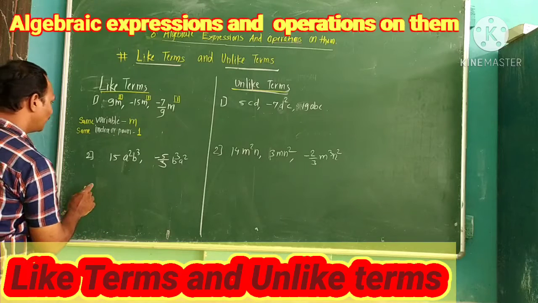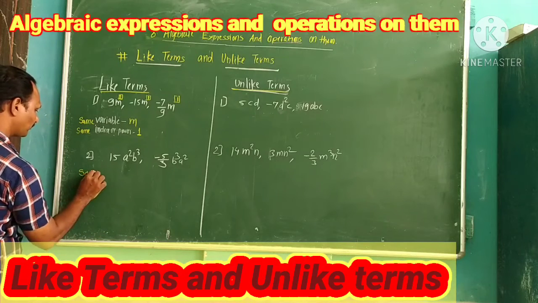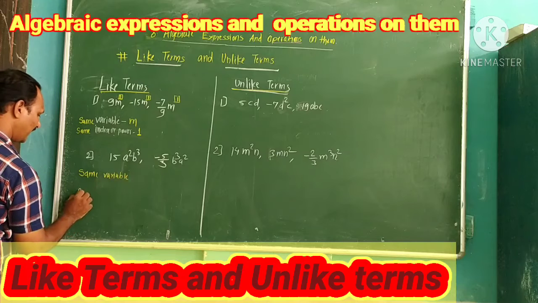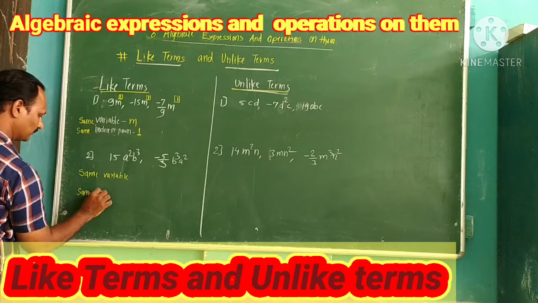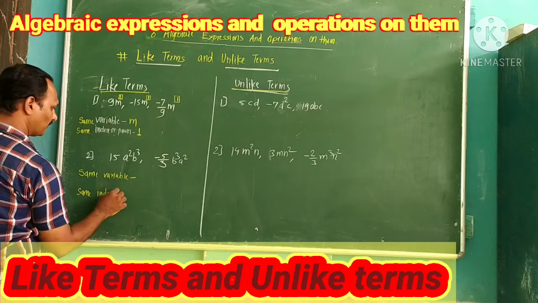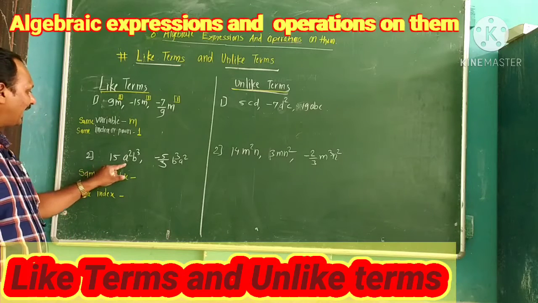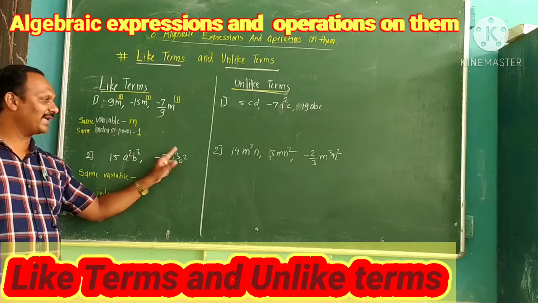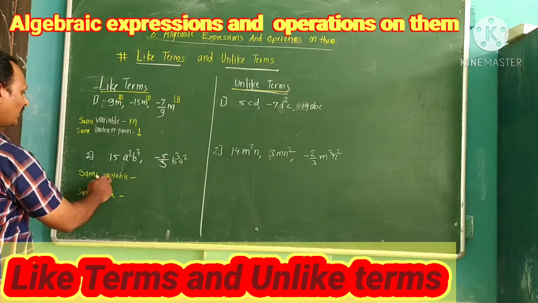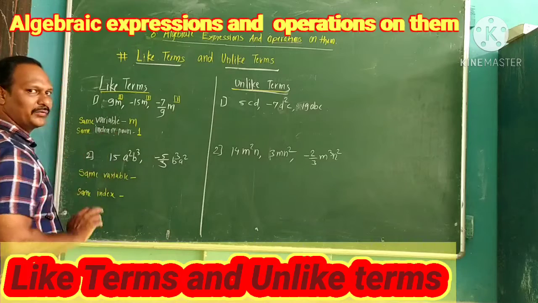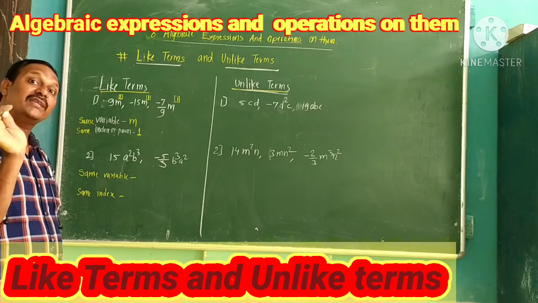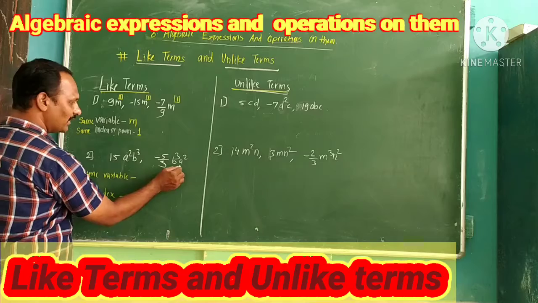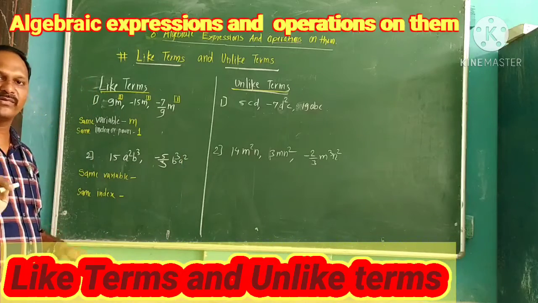Now the second example. You write: same variable, and also same index. We have given the second example 15a square bq, and the second term is minus 5 upon 3 bq a square. Now the variable is the same in both, here a, here a. But you see their power also. The power of a is 2, and here the index of a is also 2. So the same variable has the same index.